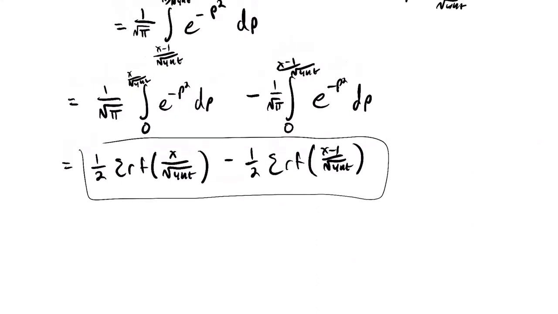In line with what I mentioned earlier, since this ERF function is very commonly used in statistics, there are all sorts of computational packages you can use to very precisely understand the values of this function. In practice, what you would do is go to a computer and plug this in, and the computer would tell you what the function is equal to at a given point with a very high degree of precision.